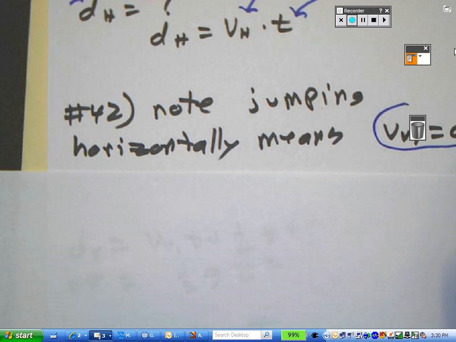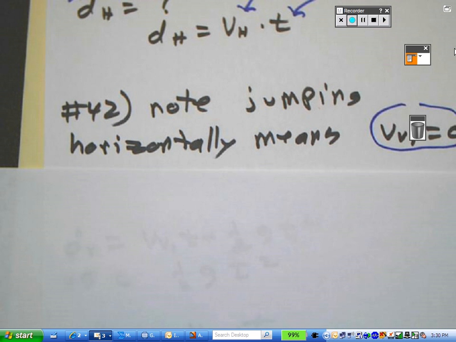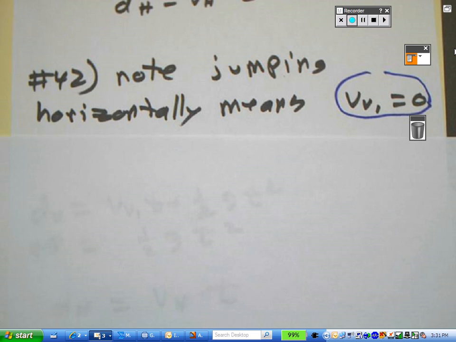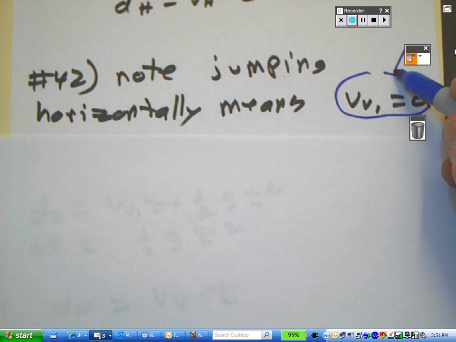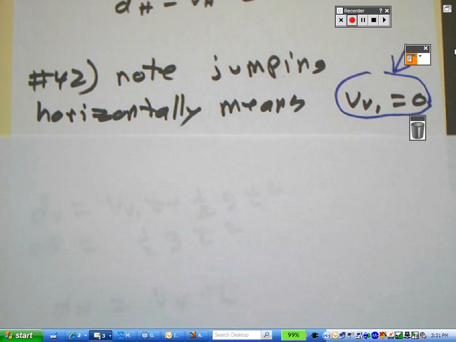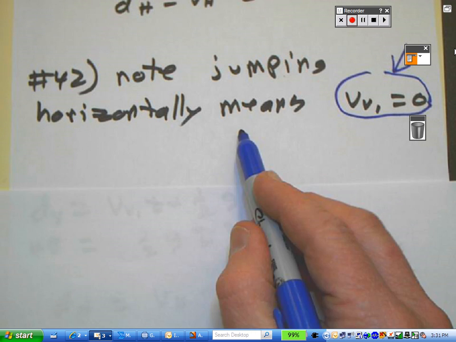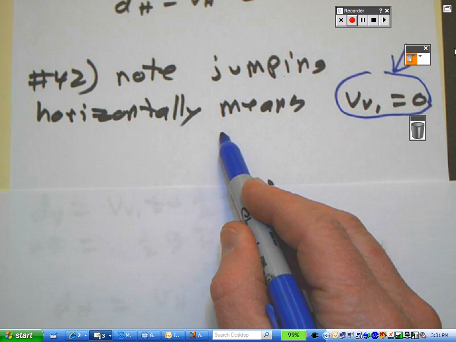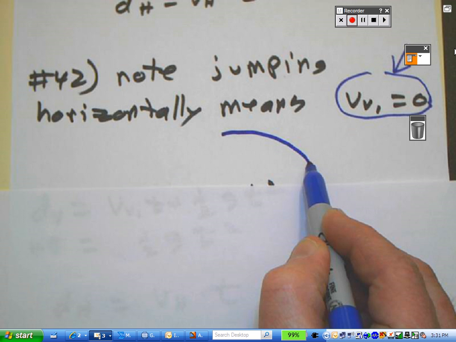When you go horizontally at the beginning, that means that you have a beginning vertical velocity of 0. If you don't know this, you can't solve the rest of the problem. A picture that would go with this: instead of a full parabola, you are going to go just down like this.